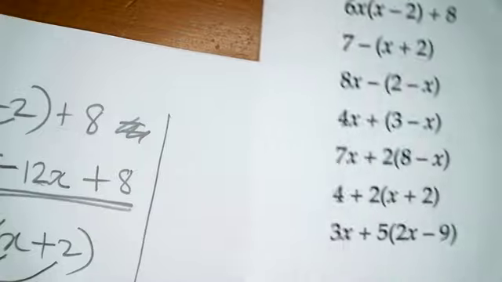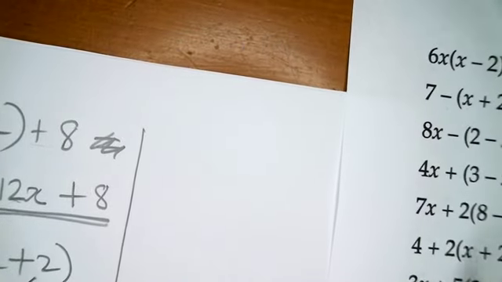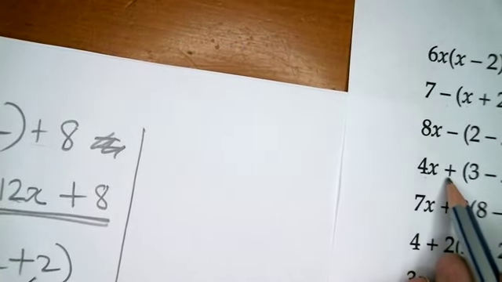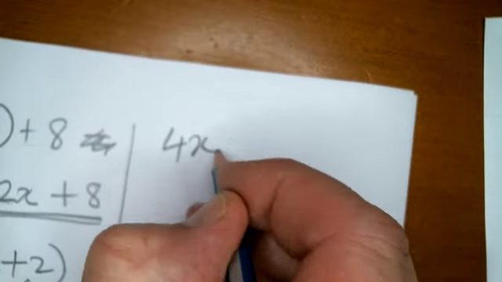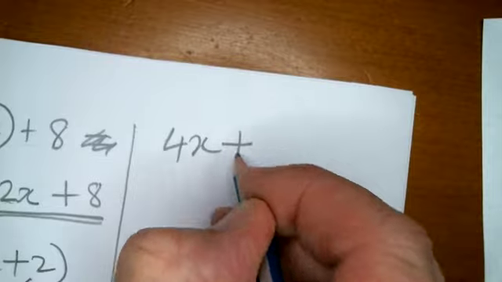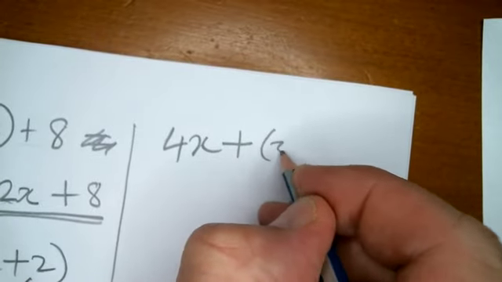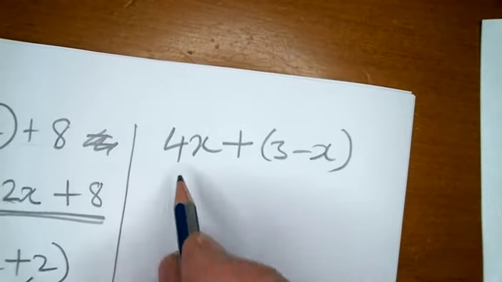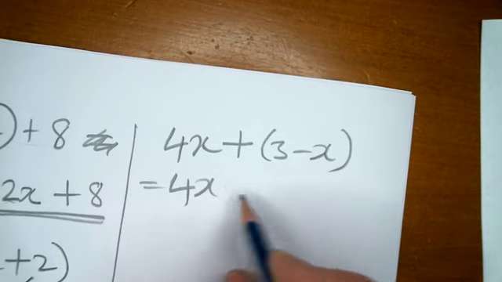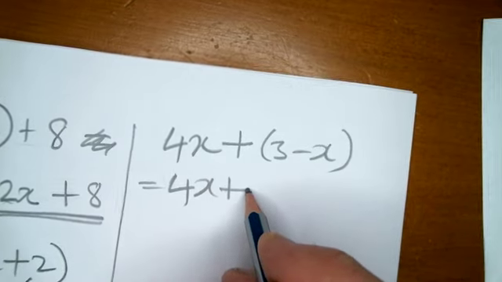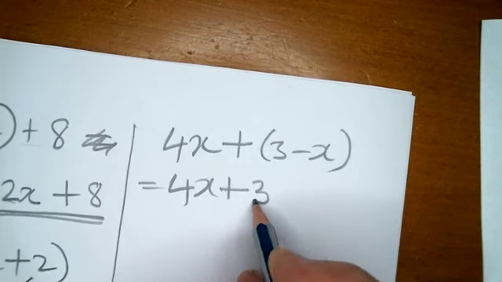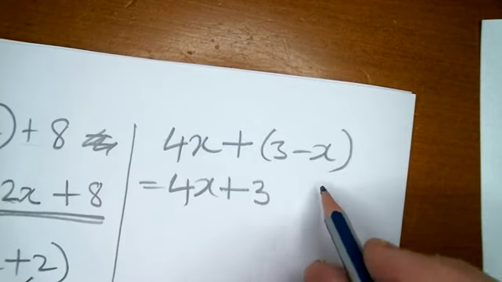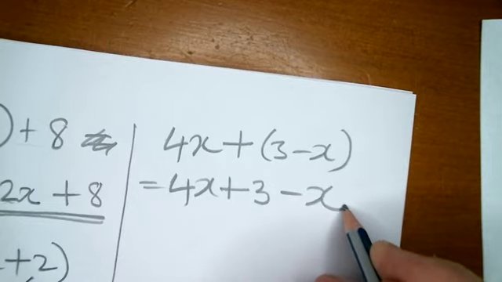All right, I'm liking these. These are very good. Let's do a different one. What about this one here? 4x plus (3 minus x). Here I've got a 4x, and I've got plus, in this case, 1 times 3, which is 3, and a 1 times negative x, which is negative x.